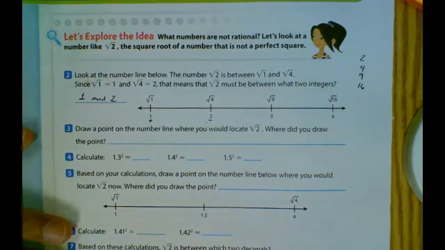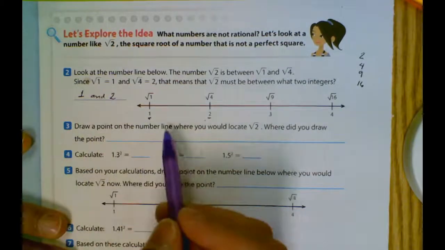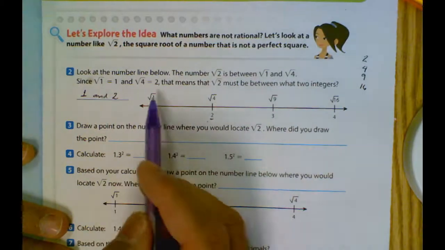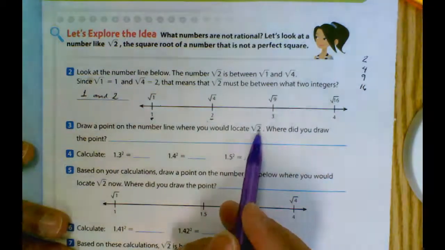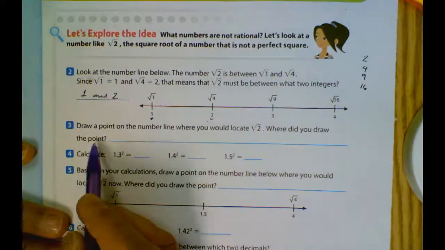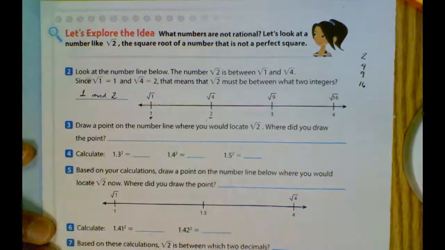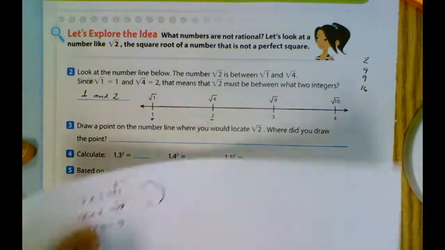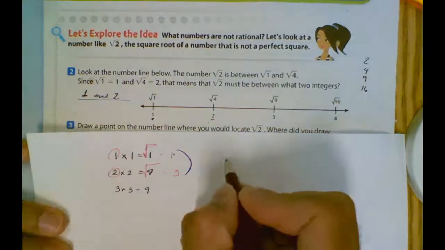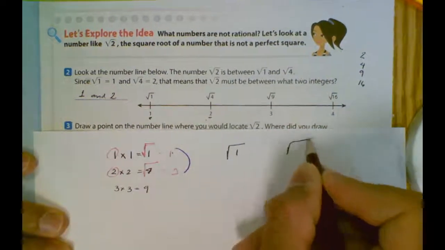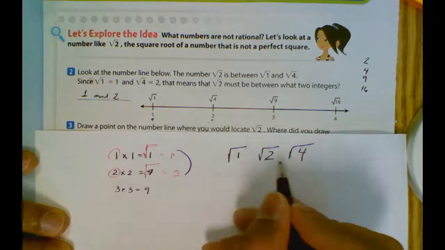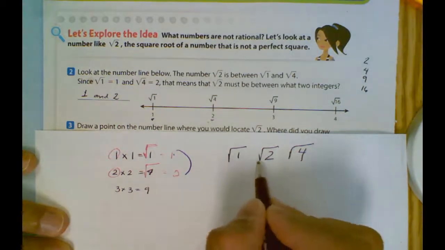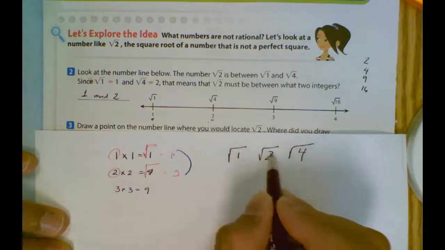Now it says, draw a point on the number line where you will locate the square root of 2. Where did you draw the point? In this case, remember that you have the square root of 1 and the square root of 4, and the square root of 2 is closer to the square root of 1, this one.